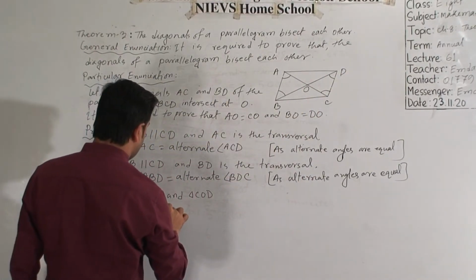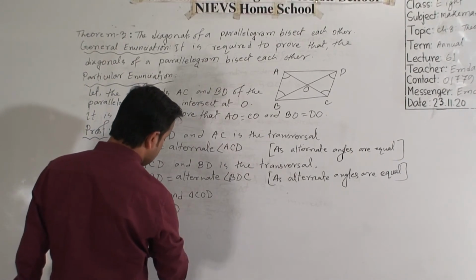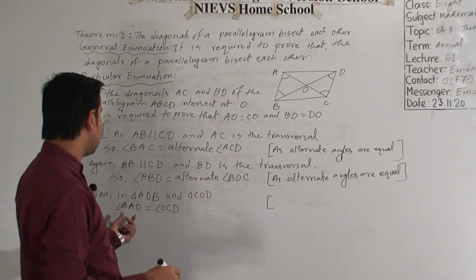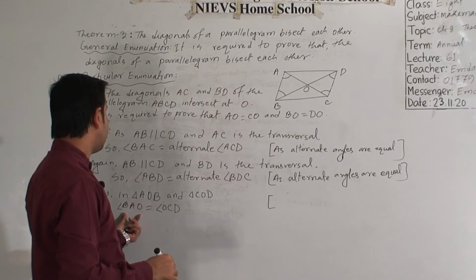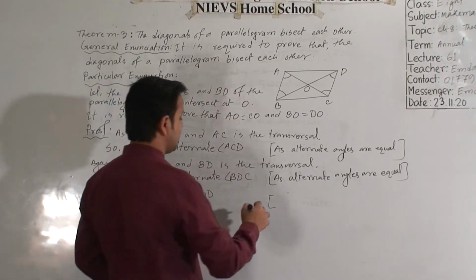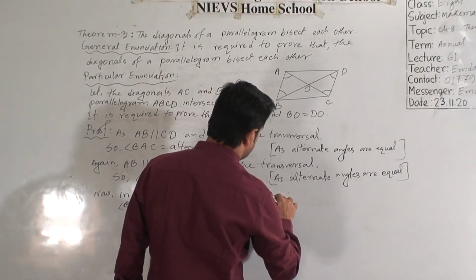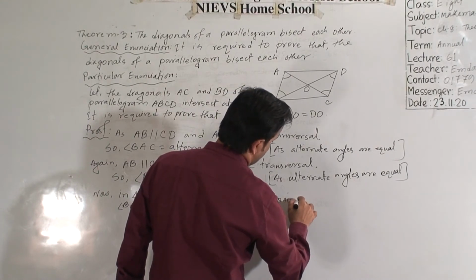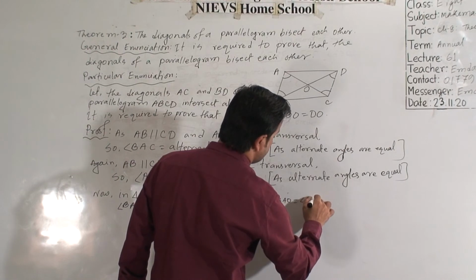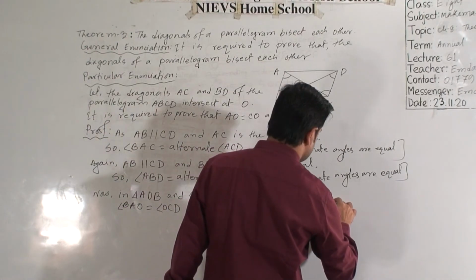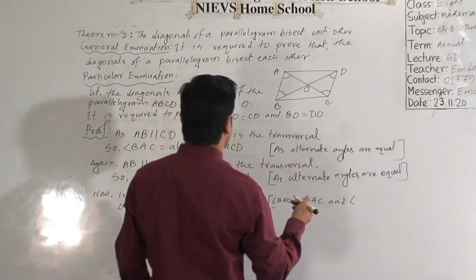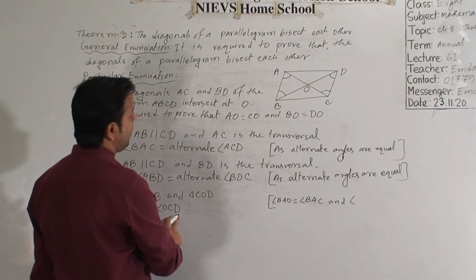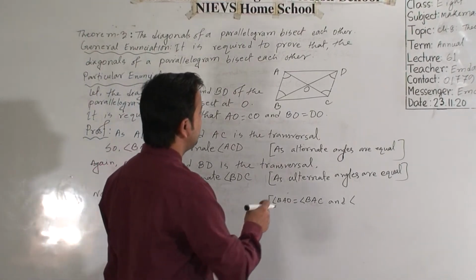We can write any one. Here angle BAO means BAC, and angle OCD means ACD.